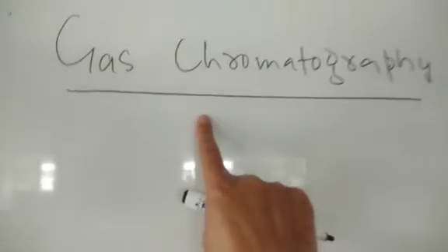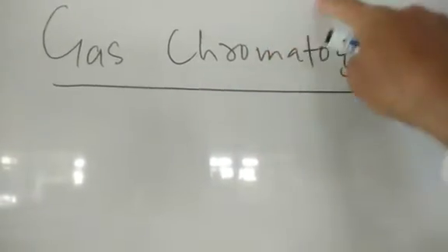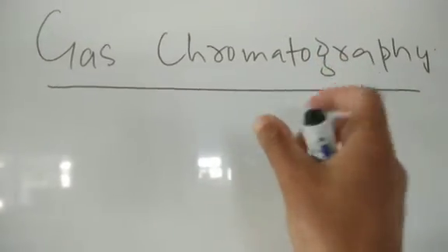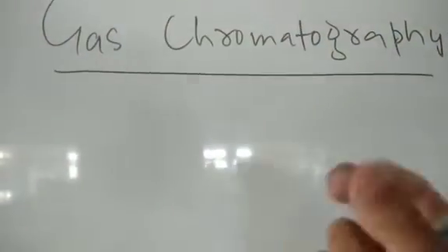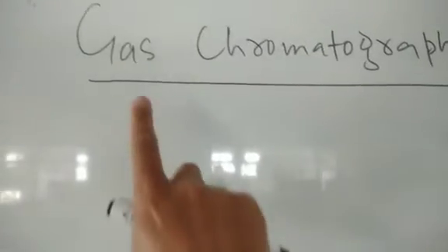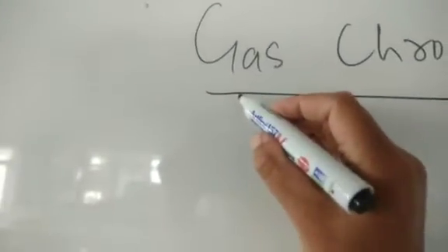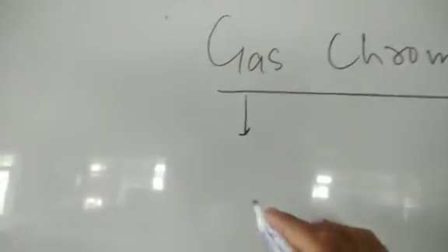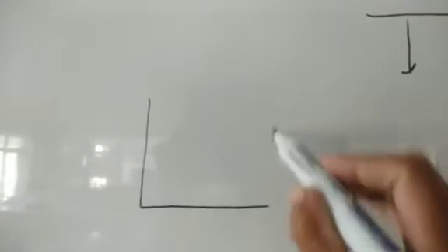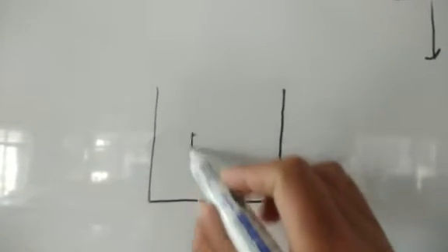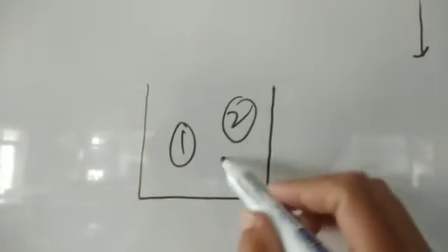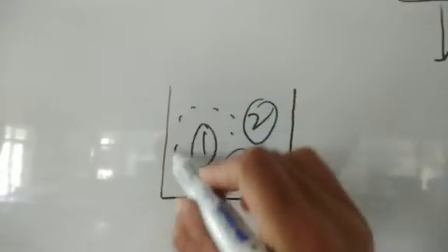Okay, the gas chromatography. Chromatography means it's an analytical technique that is used for separation of the components, molecules from a mixture. अब gas यहाँ word आ रहा है, तो एक important चीज यहाँ पे याद रखें कि ये जो chromatography है, gas chromatography, it's used for, let us say we have a mixture which has to be separated. Fine. So let us say we have two components or three components. That means we have three molecules.